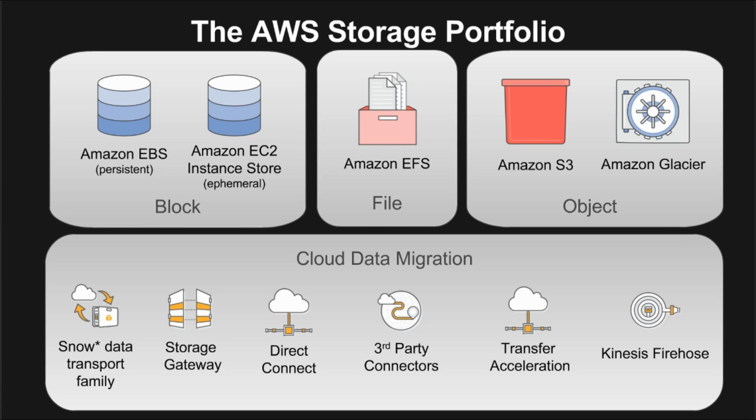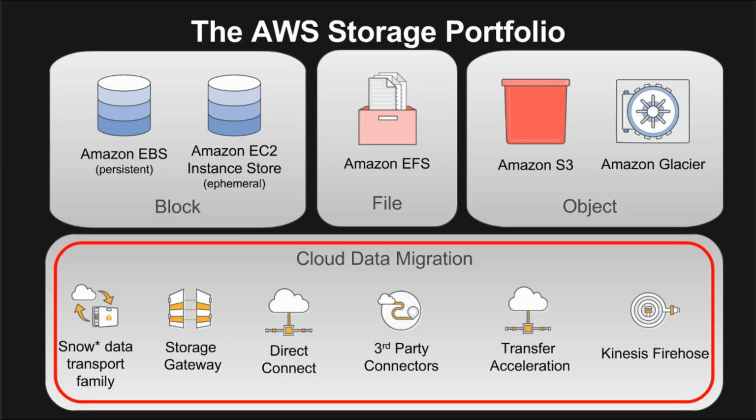So we're going to start with the overall AWS storage portfolio, and we're not going to go into a lot of depth or detail here because we're just going to be focusing on the things down in the bottom category. But at the high level, for those of you that are familiar with AWS, in the upper left-hand corner of this slide we have our block services. Those are for workloads that are running inside of AWS, specifically inside of EC2.